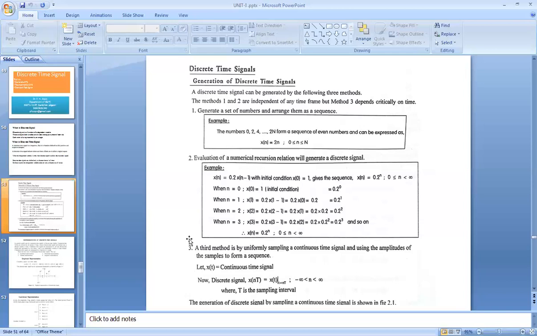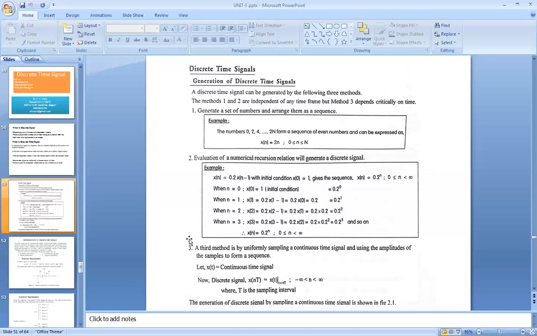When n is equal to 1, you will get 2 into 1, which is 2. When n is equal to 2, you will get x of n is equal to 4. So we will get a sequence 0, 2, 4, 6, up to 2n.